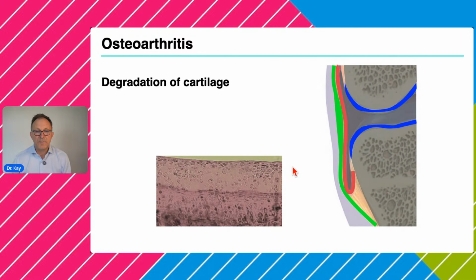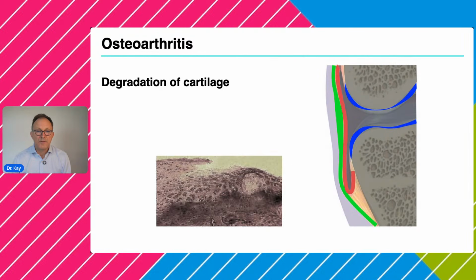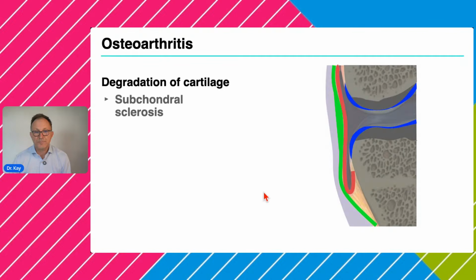And over time, the cartilage gets damaged. We have destruction of some parts of the cartilage. We have fissures and also proliferations of the chondrocytes that are leading to an inappropriate architecture of the cartilage, and thus are leading to further changes in the bone.